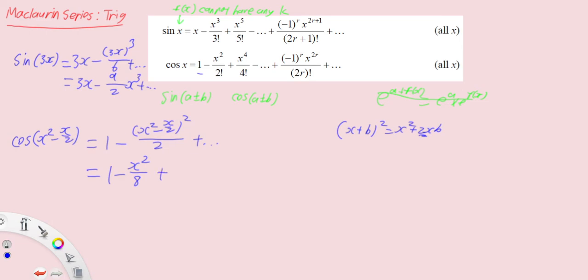So I get plus x cubed. Now I divide by 2. The x squared times x squared will give us x power 4, which is not what we want, so we can simply ignore that and just add plus dot dot dot. And this happens to also be our expansion in ascending order. So yeah, fairly simple one, which is the trigonometry expansions in the Maclaurin series.